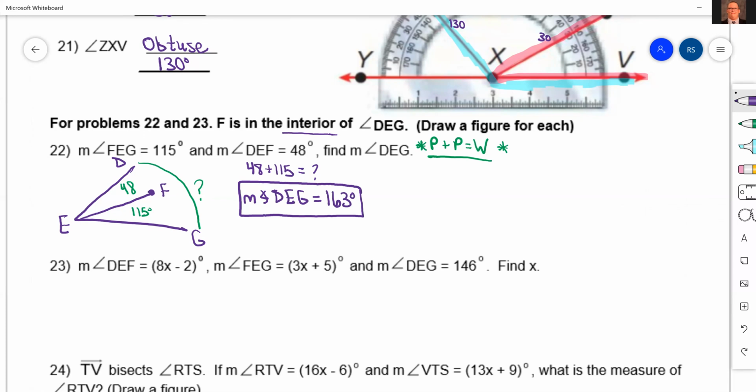Okay. 23 uses the same bold part up here. So F is on the interior of DEG. F is on the inside.